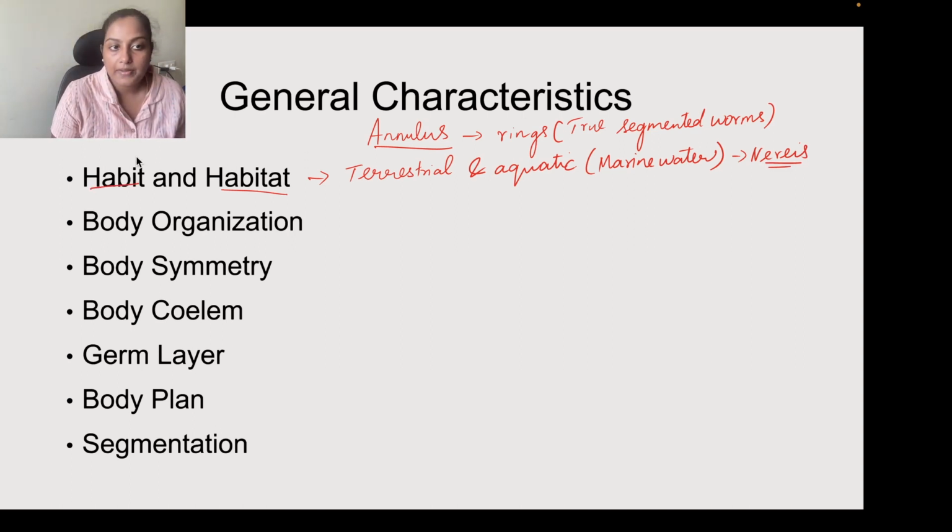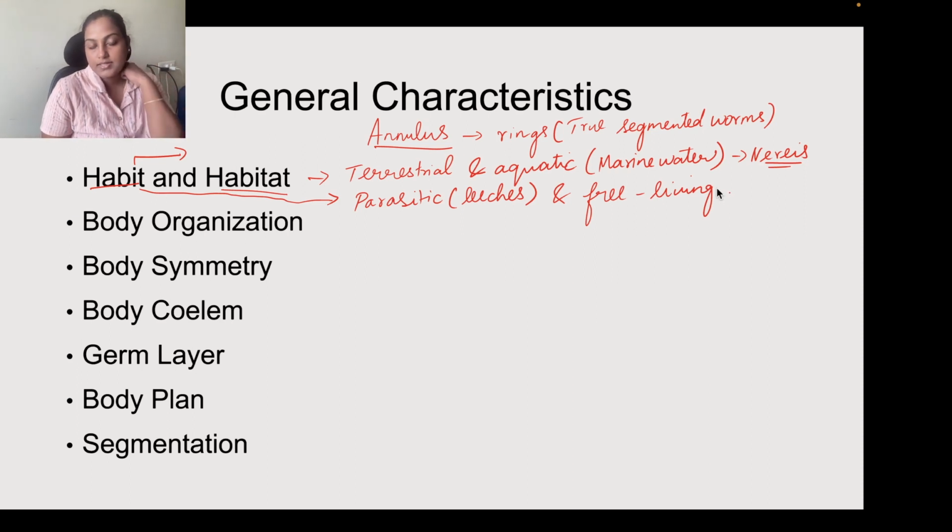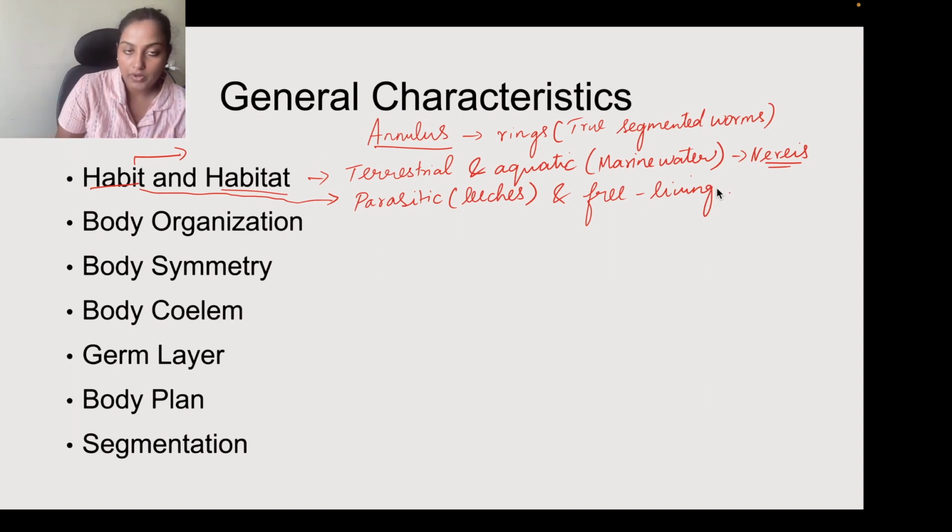Talking about the habit, they are also parasitic. The very famous example of Annelida is the leech, right? You might have heard of the blood sucking leeches, which are parasitic. And also free living. A few of them are free living too. Okay, so this is regarding the very first point.